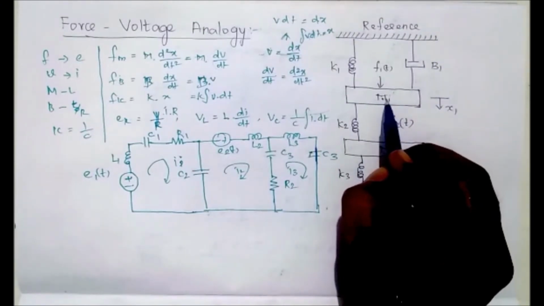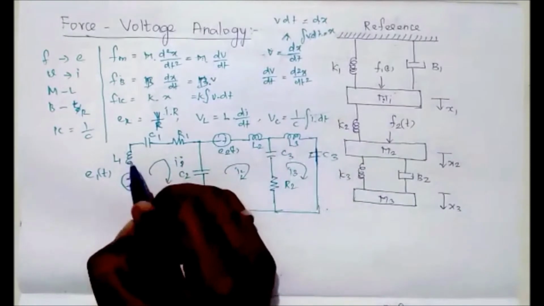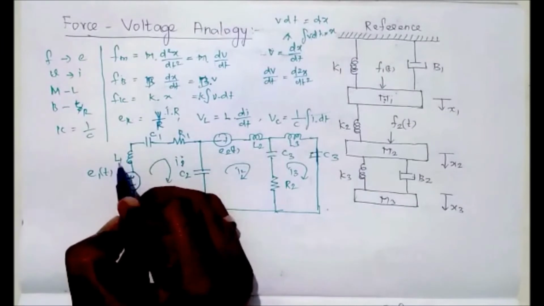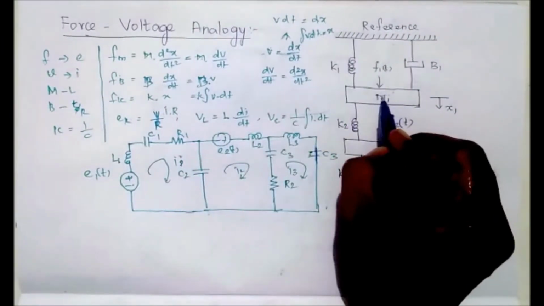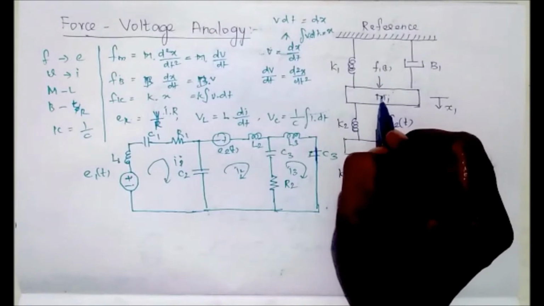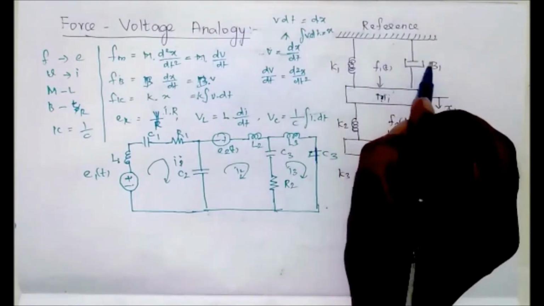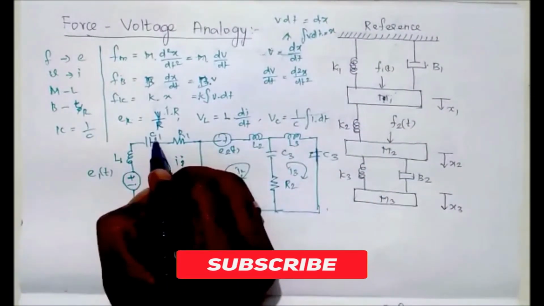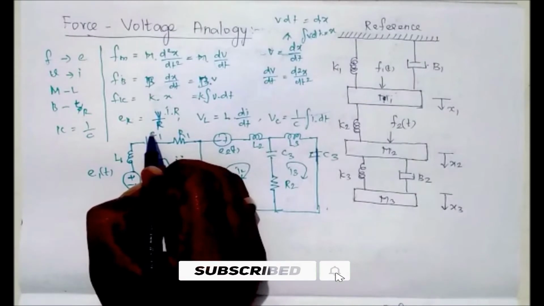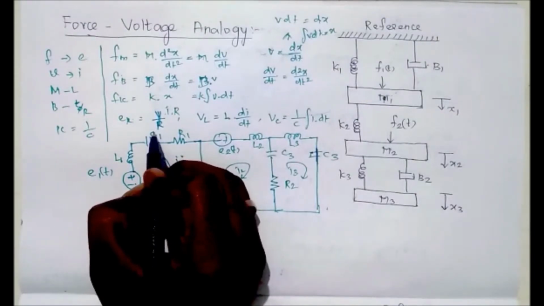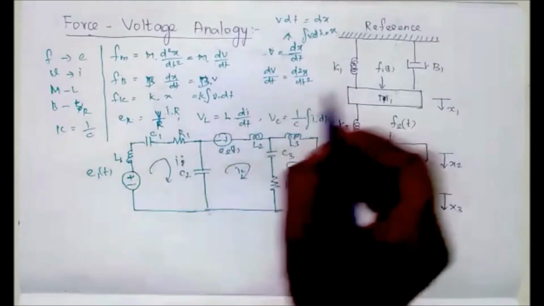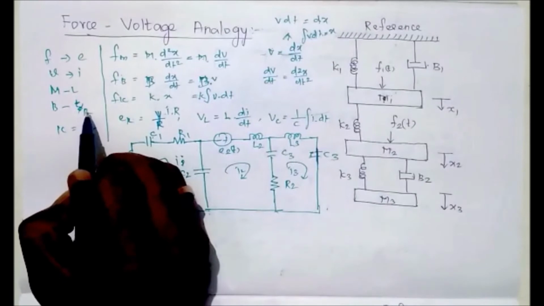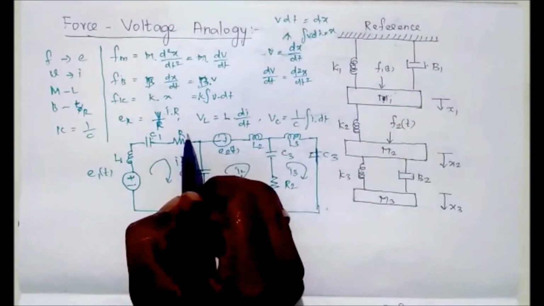First, mass 1's equivalent is an inductor, therefore M1 equals L1. For K1, the equivalent is 1 by C, and in the electrical circuit we consider C only, so here K1 gives C1. B1's equivalent is R, so we use R1.